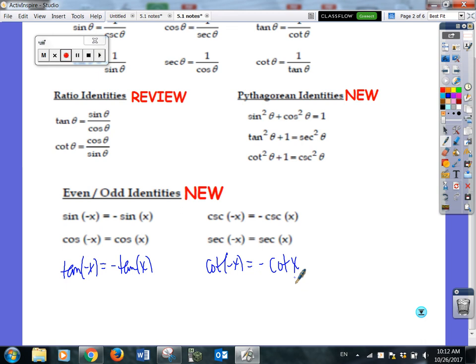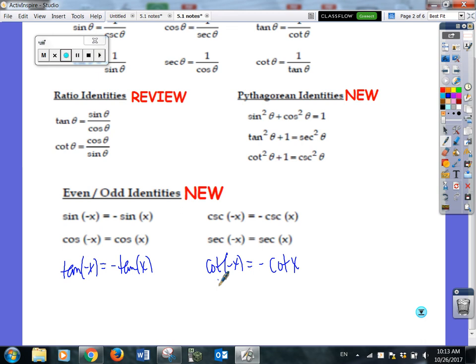You can have a negative out in front because it's just a negative value, but for the even and odd identities, if you have a negative in the parentheses, that's something you want to get out, and this right side is the simplified version. Notice sine and tangent and their reciprocals go from negative inside to negative outside. Cosine and secant are the only ones where it's negative in, and that turns into positive.